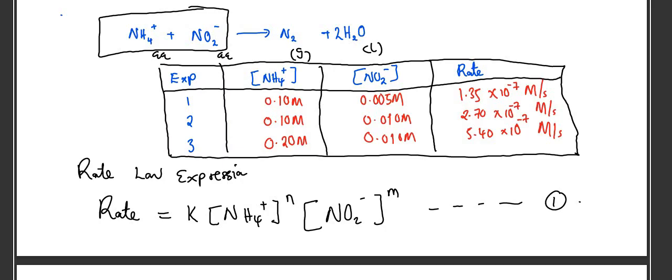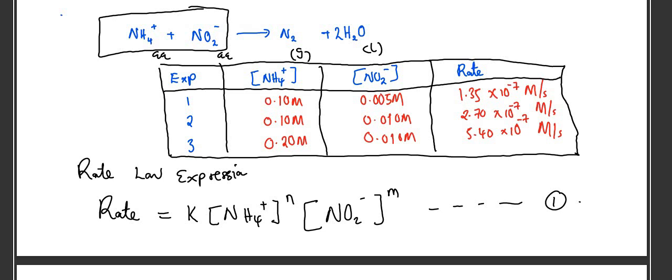It also doubles, right? Then when they double the concentration of the ammonia ion and leave the other constant, this again doubles, right? So we want to use this table to find out what N and M are. After we are done, we're going to find what K is. So we find N and M first, then we get K.